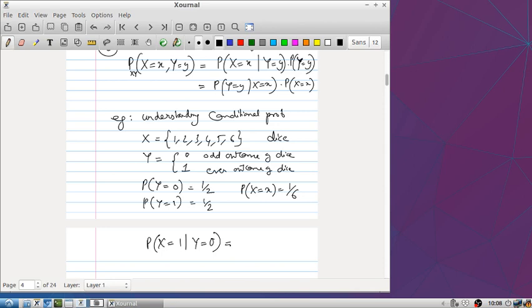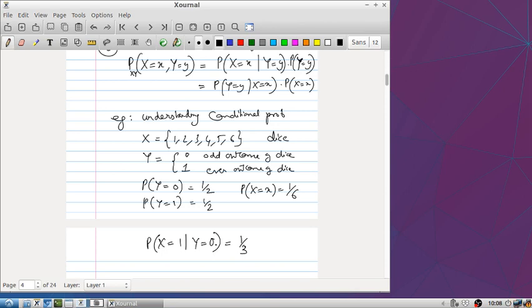Within odd outcomes, what is the probability that x takes a value 1? Yes, it's 1/3. Okay, so this is dependence. The probability that x is equal to 1 changed because you said something about y. You should look at the review to get more idea about this.